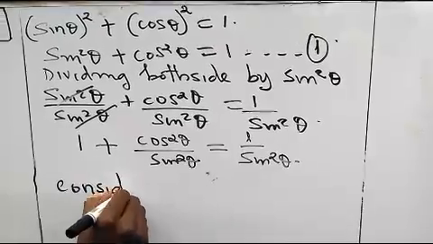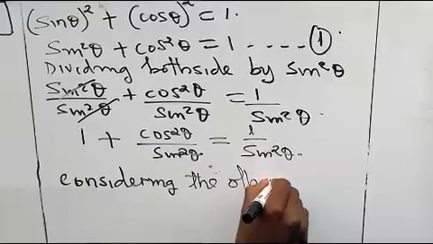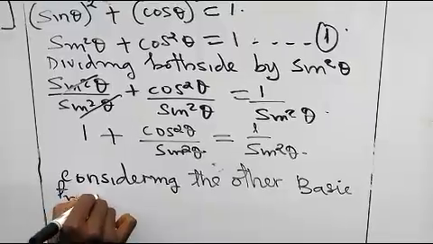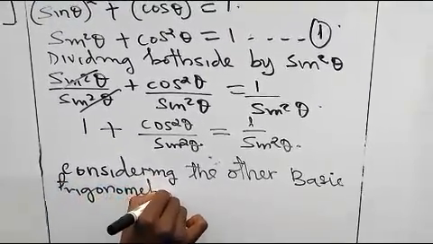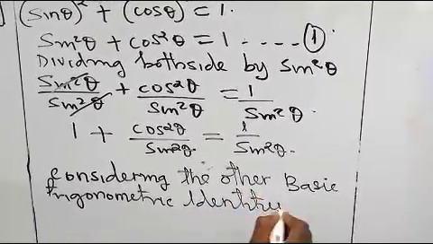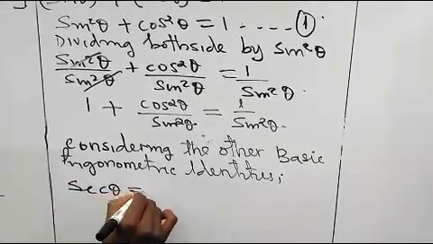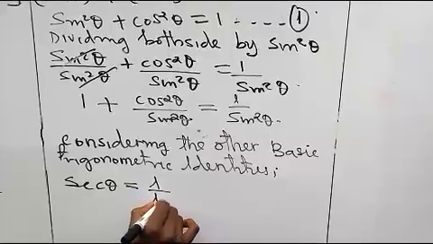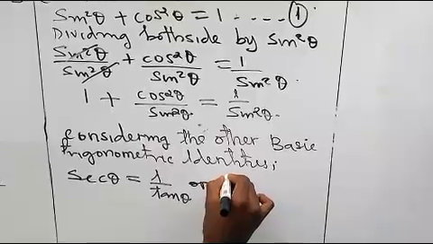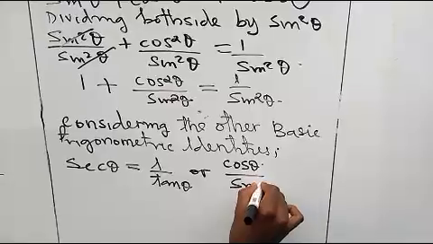Considering the other basic trigonometric identities, we have sec theta, which is equal to 1 on cos theta.